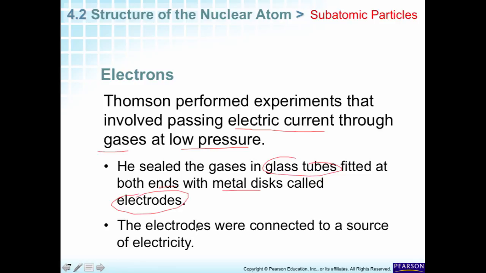We all know about electrodes today. And the electrodes were connected to electricity. Okay? So if you think about this, when was electricity discovered? When were people doing things with electricity where they could actually contain it? That's the time frame.